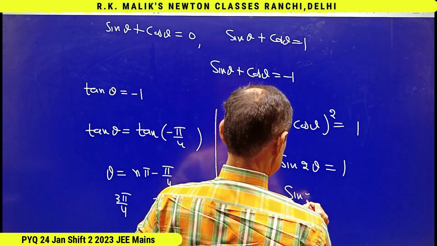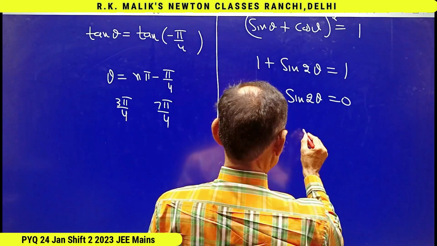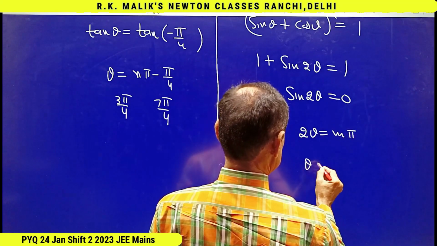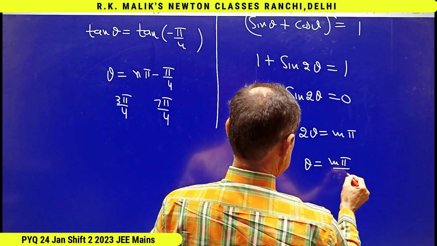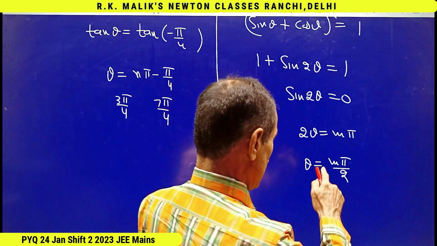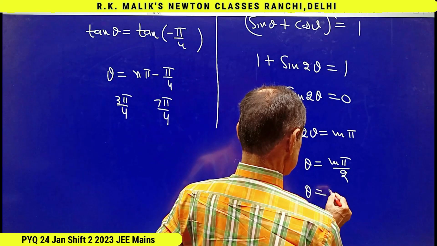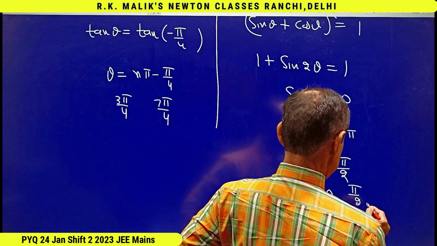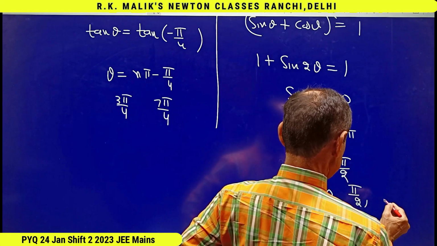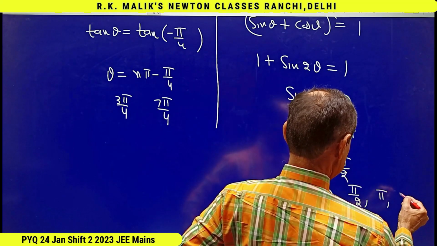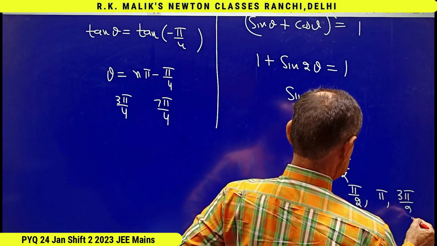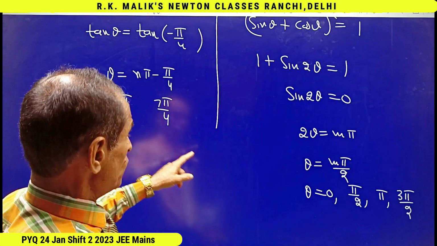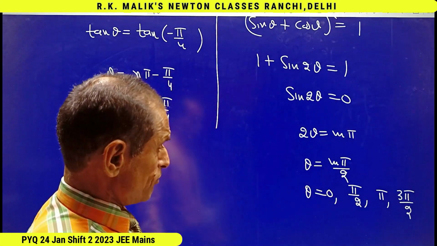That is sin 2 theta equal to 0, that is 2 theta is equal to m pi, that is theta equal to m pi by 2. Taking m equal to 0, theta becomes 0. For m equal to 1, theta becomes pi by 2. For m equal to 2, theta becomes pi, and 3 pi by 2. Hence 2 values of theta I have got from the first case, and 4 values from this one.